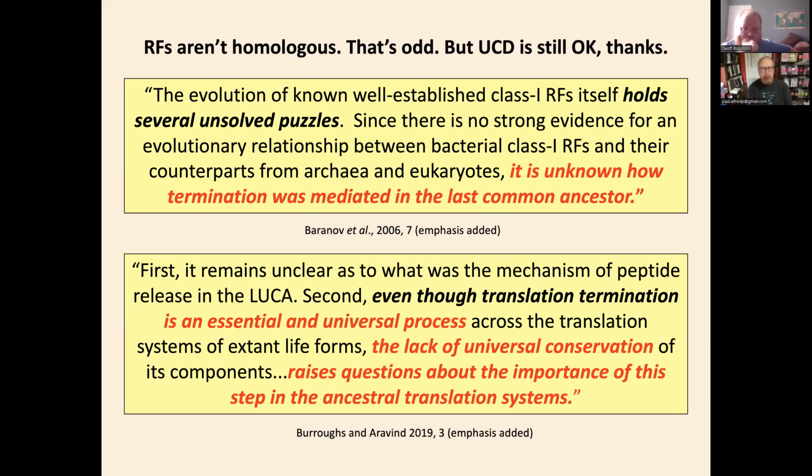More recently, these commentators said, translation termination is essential, and it's universal across all Earth life. But the lack of universal conservation of its components raises questions about the importance of this step in the ancestral translation system. So these two authors speculate that translation may not have been essential at all once upon a time in the past.